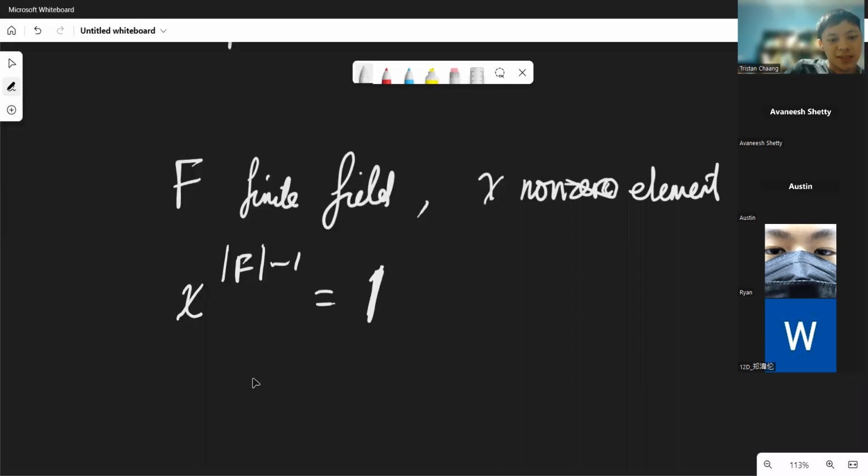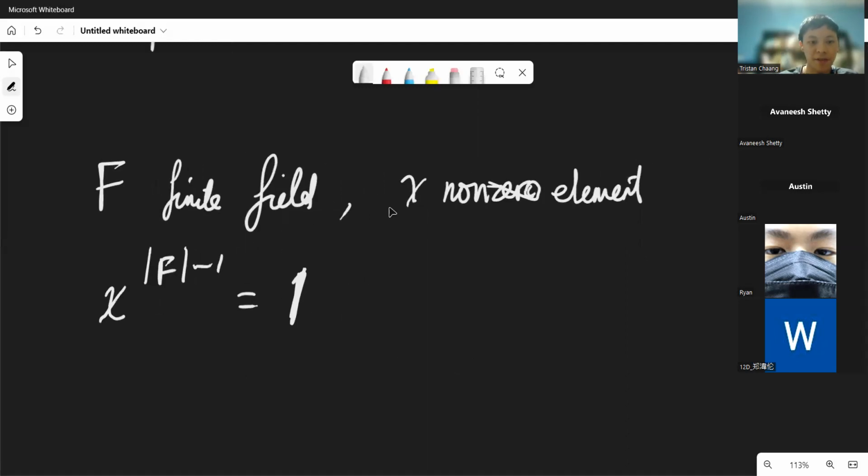So this thing is true. It's kind of like Fermat's little theorem, but more general, because Fermat's little theorem is just where F is Fp, right? But if F is a finite field, this is true. Why? Does anyone remember how to prove Fermat's little theorem? Does anyone remember that?